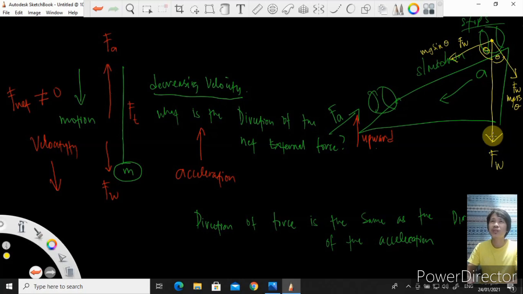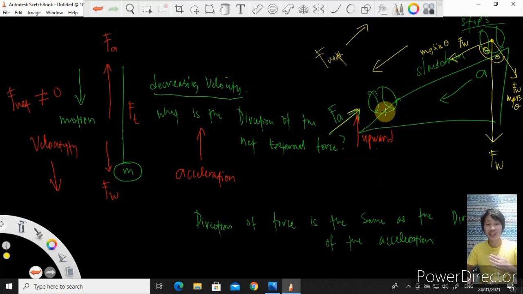Ang point ko muna dito is that although sinipa mo siya at may applied force dito on this direction, yung net external force ay papaganyan. Okay ba yun? Imagine class kung ang F net, external force, is on this direction, what will happen to the ball?